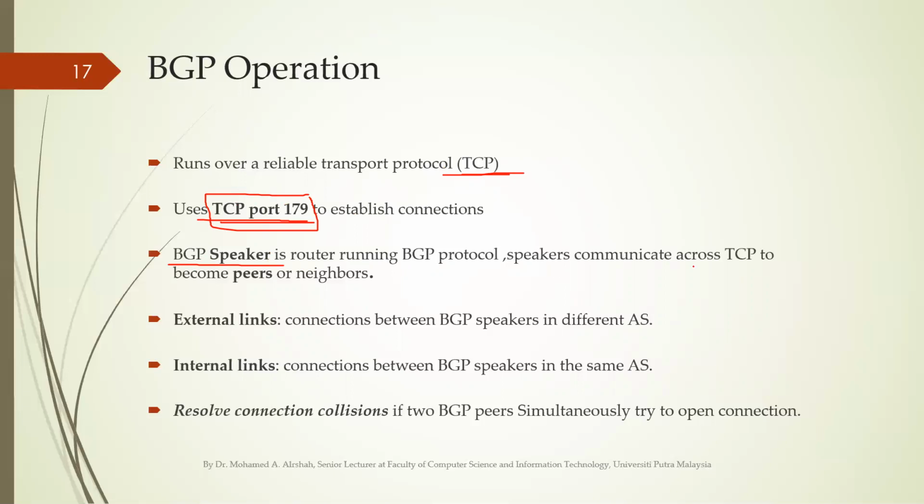Speakers communicate across TCP, as I mentioned here, to become peers or neighbors. So every two BGP speakers connected together, they call it neighbors or peers. Then here we have external links, which are the connections between BGP speakers in different AS, as you can see here.